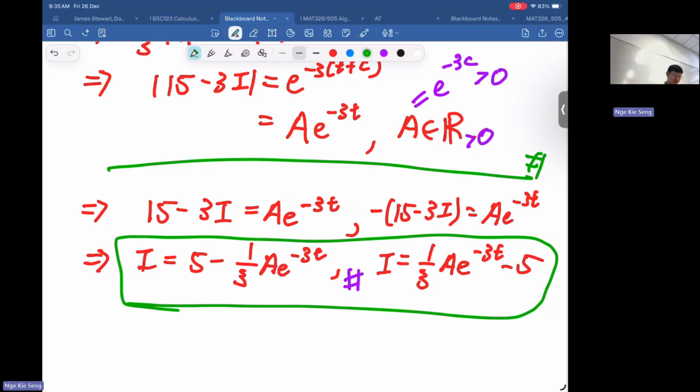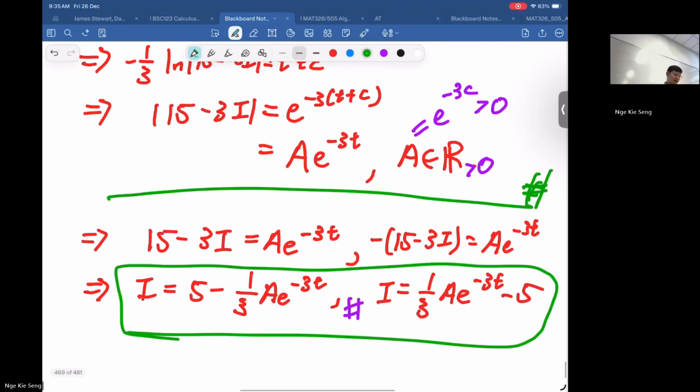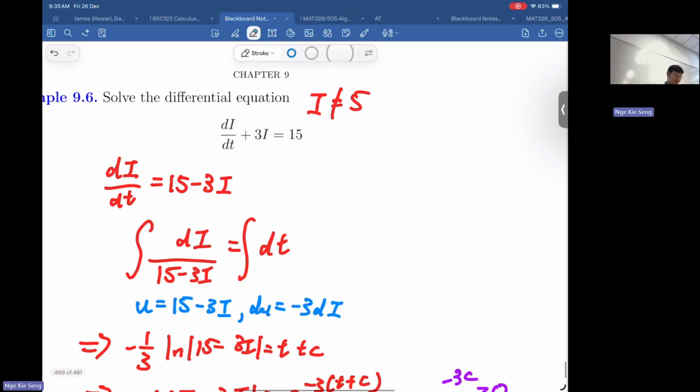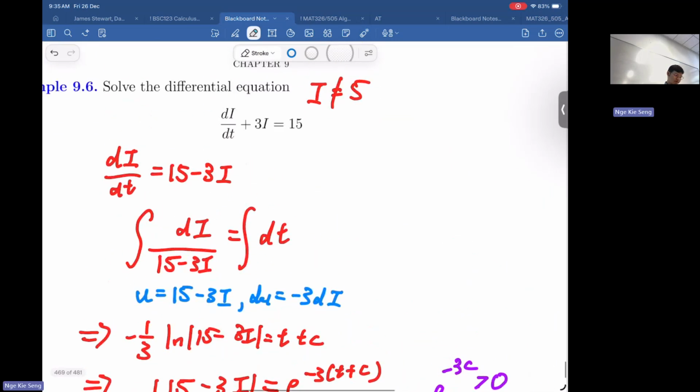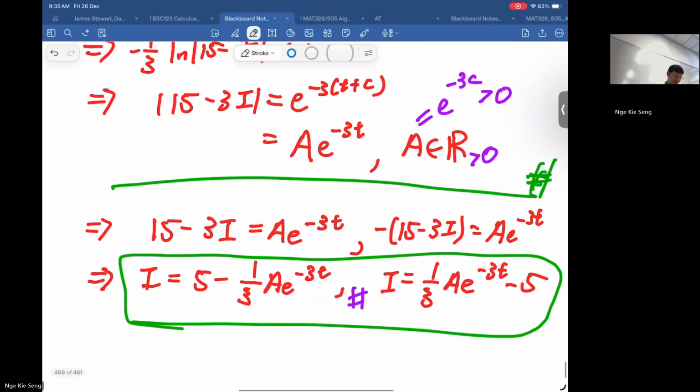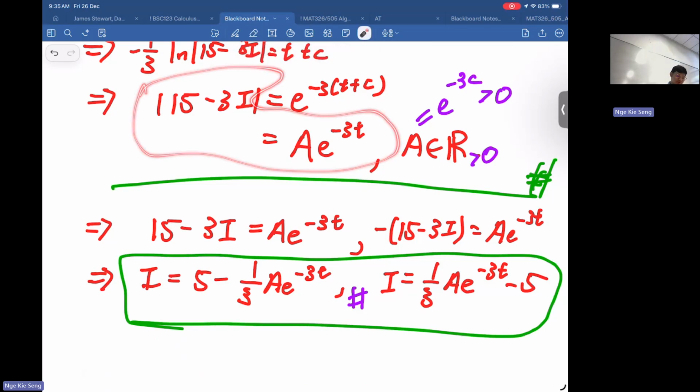Yeah, I think just stop here is enough, unless you know that 15 minus 3I must be greater than 0. Unless there's a condition on I, I guess. Otherwise, yeah, you have two solutions. I think stopping here is good enough.